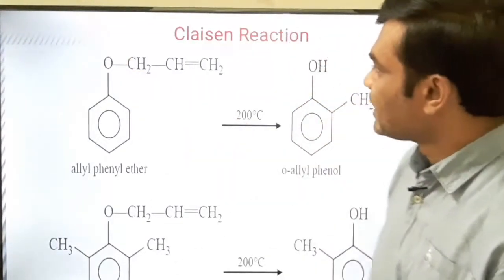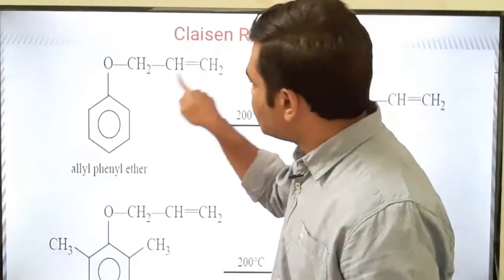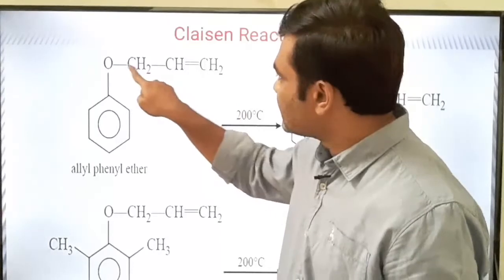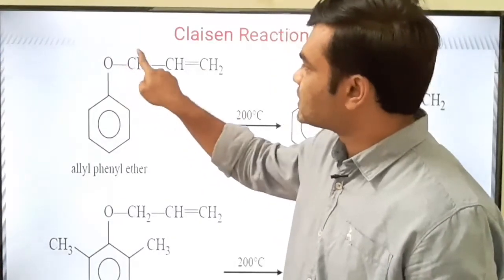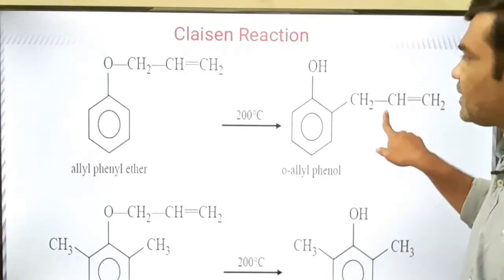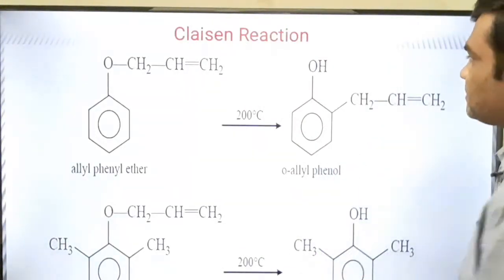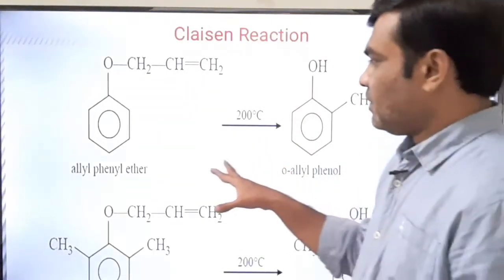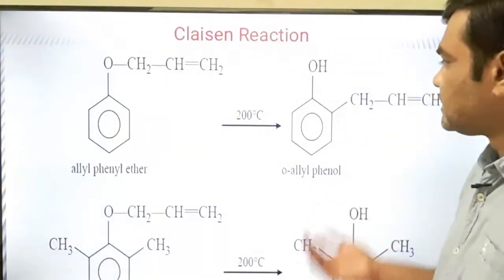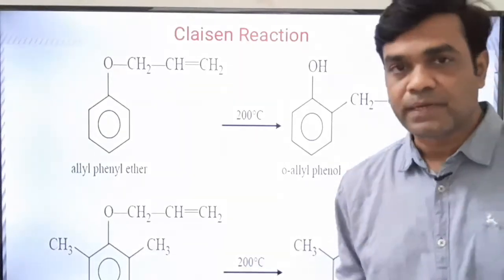I am repeating. This carbon becomes attached to this carbon, this pi bond gets shifted here, and this bond cleavage takes place. So the allyl group is migrated to the ortho position with inversion of configuration. Okay, this is a pericyclic reaction, takes place in presence of thermal energy only, no need of any catalyst.